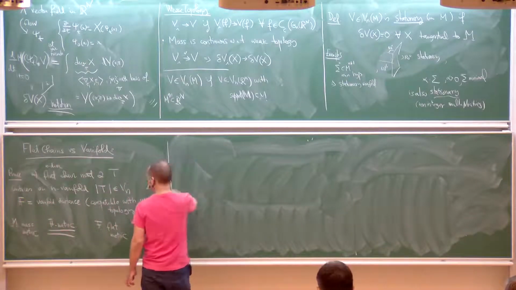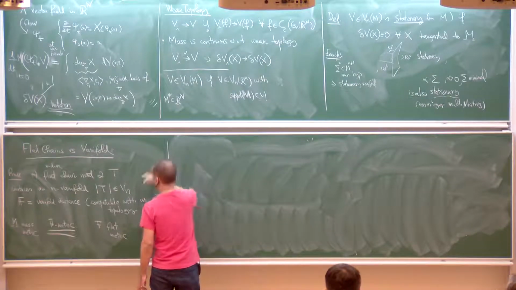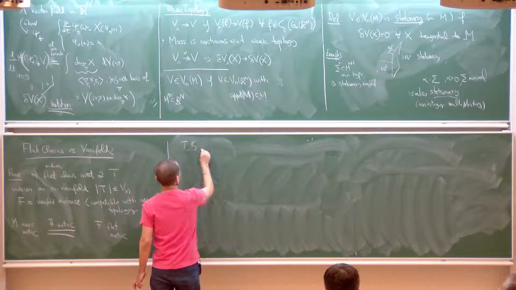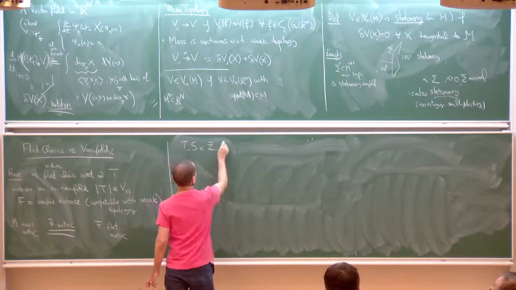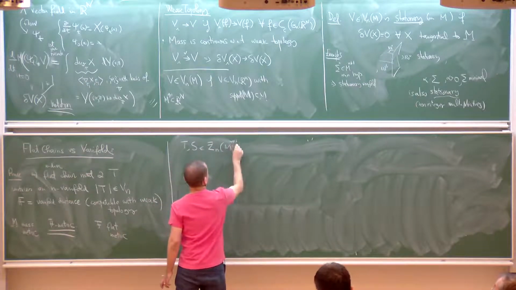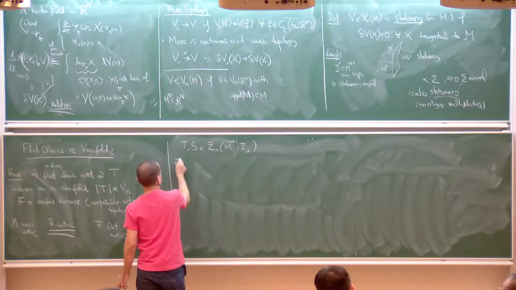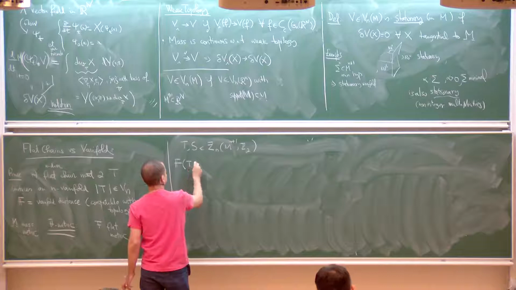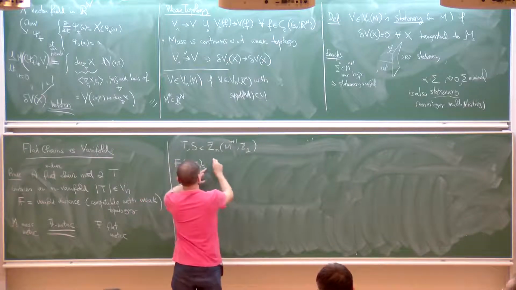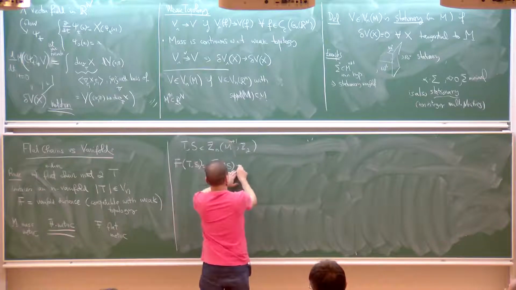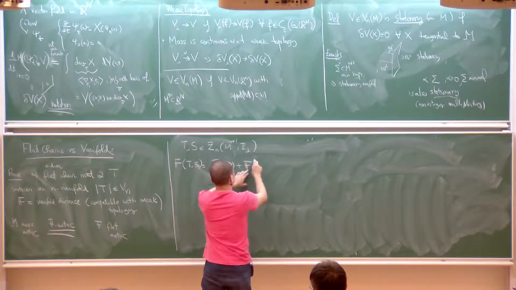So if you give me, let me say that now we are considering cycles in my manifold. Then the F metric between these two cycles is just the sum of the flat distance and the varifold distance between the corresponding varifolds.